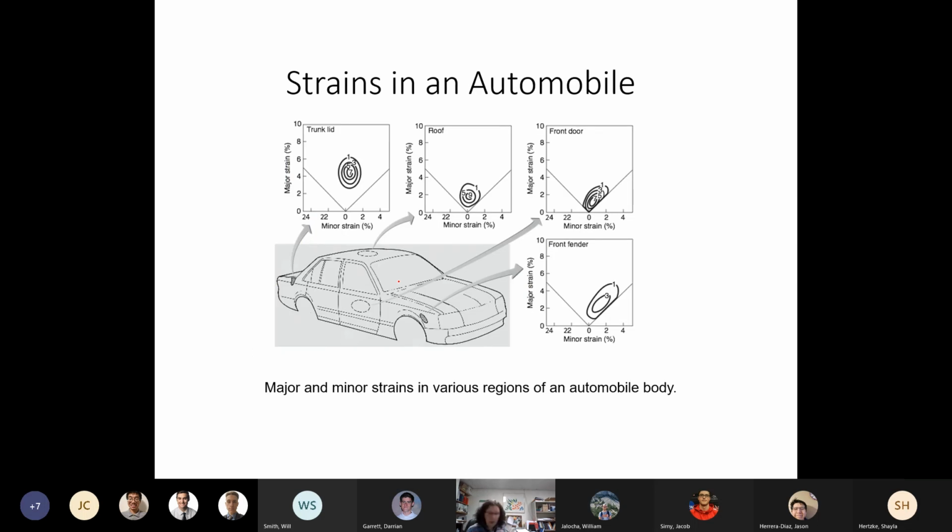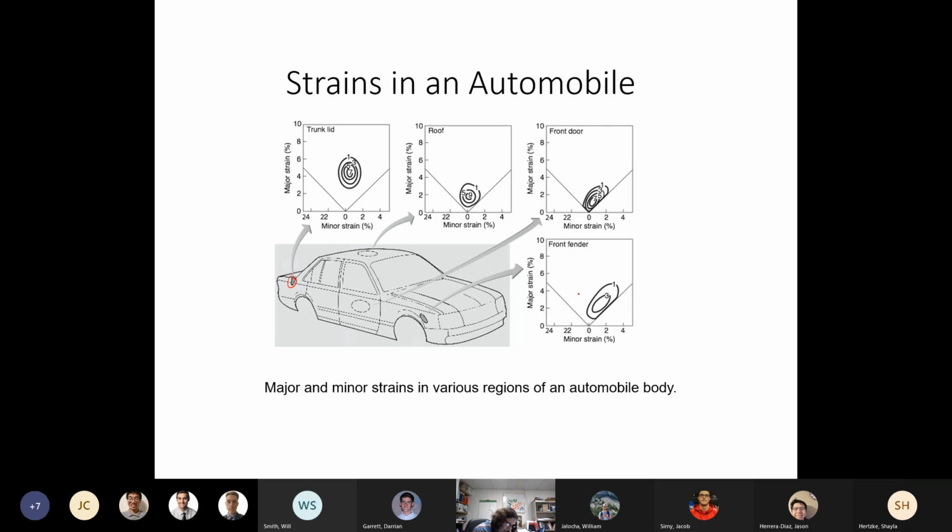There are also some computer programs that would allow us to get the strains that would be needed to form particular parts. So if we look at the trunk lid, right in here, this gives us an idea of all of the various strain states needed.